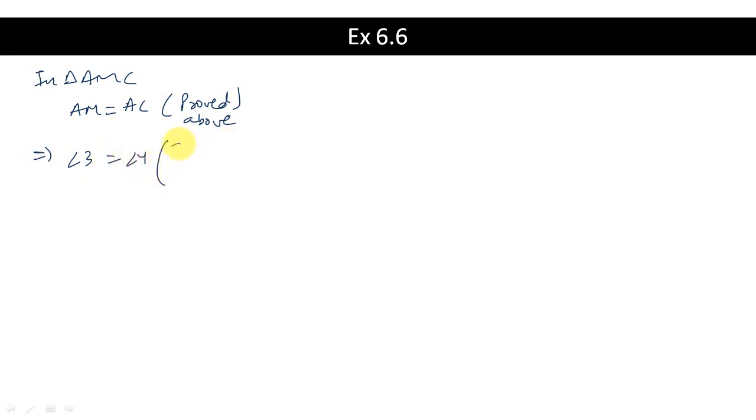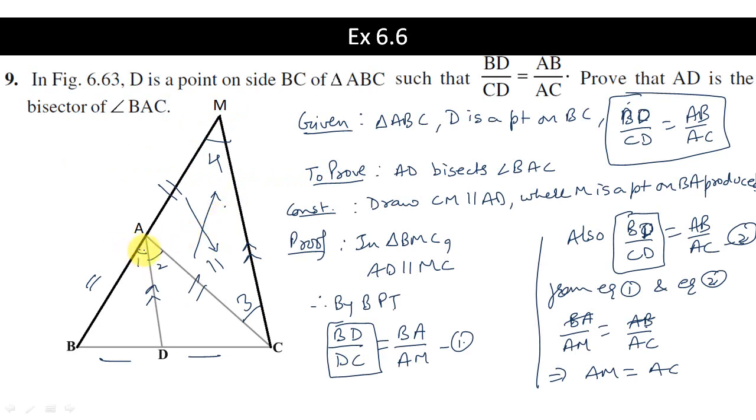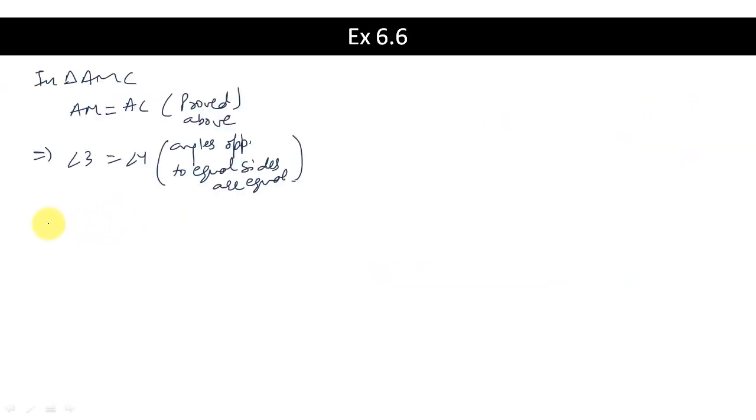The reason is angles opposite to equal sides are equal. Also, angle 1 is equal to angle 4, since AD is parallel to MC, so angle 1 and angle 4 form a pair of corresponding angles.